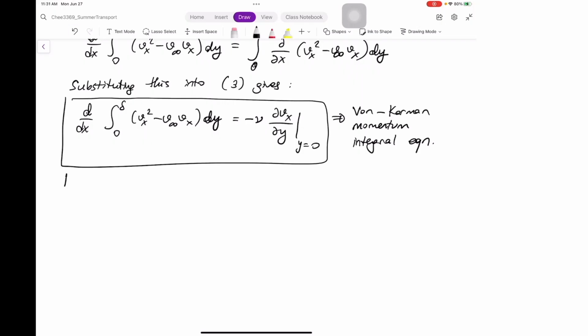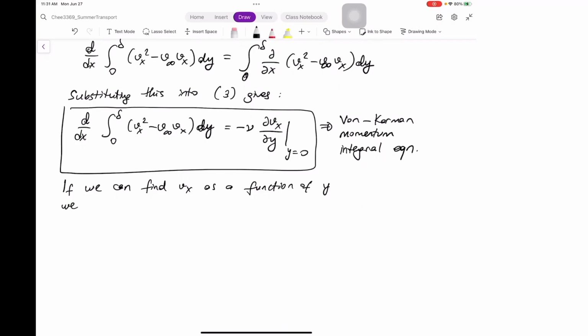So let's write it inverse. If we can find Vx as a function of y, we can obtain the wall shear stress.